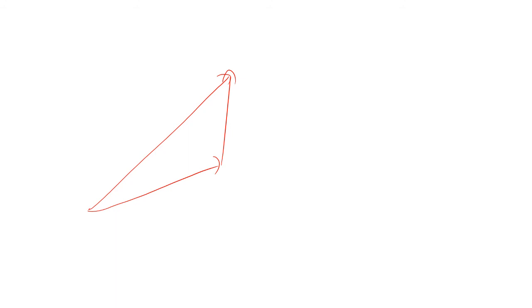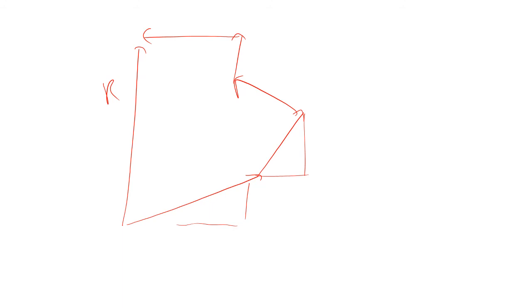On the other hand, with the component method, you could have a vector, another vector, another vector, another vector, another vector, and then the result can be like that. So this vector has x and y parts, this has x and y parts, that has x and y parts.